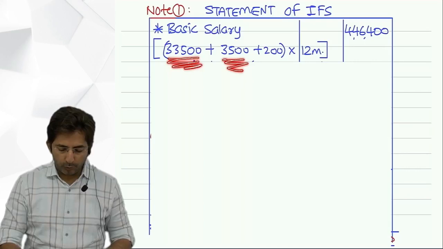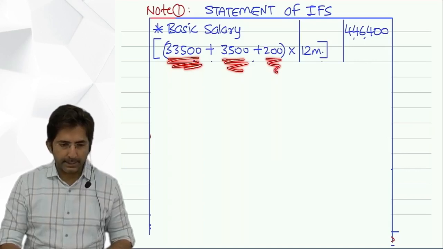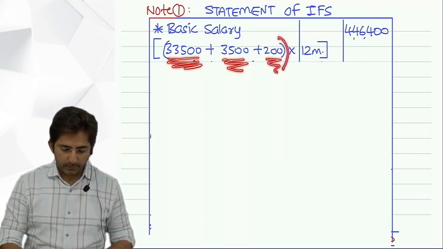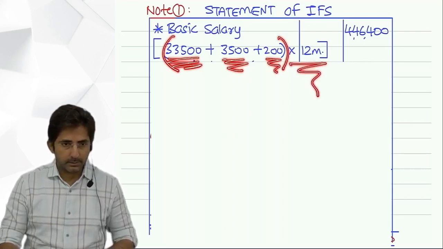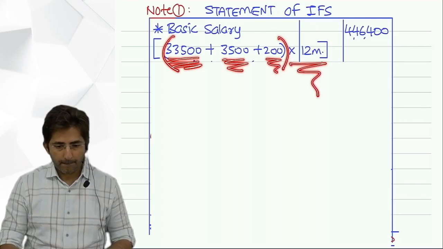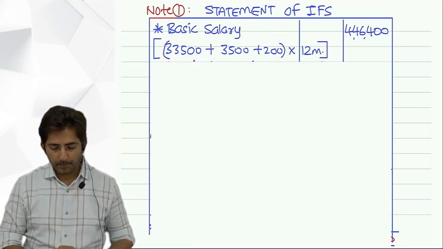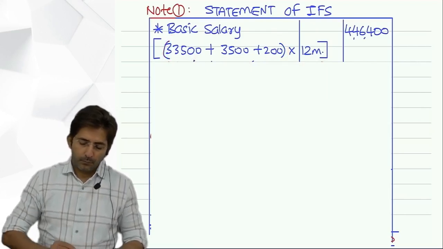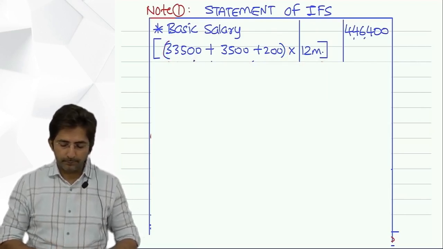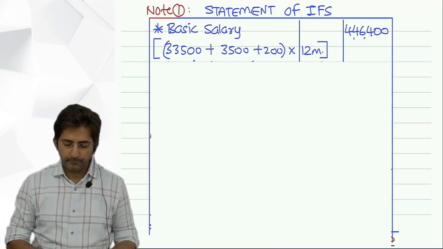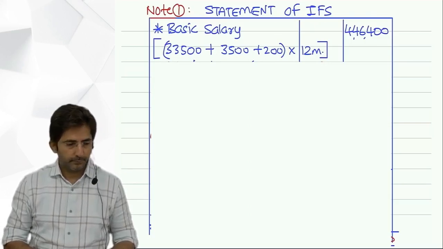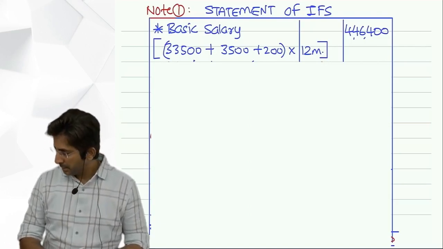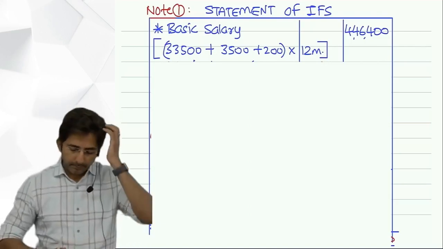Add PF contribution, add profession tax, and all this is per month. So multiply by 12 months. Four four six four hundred.